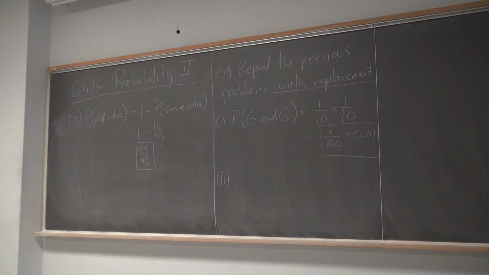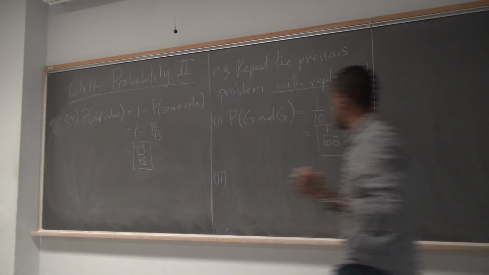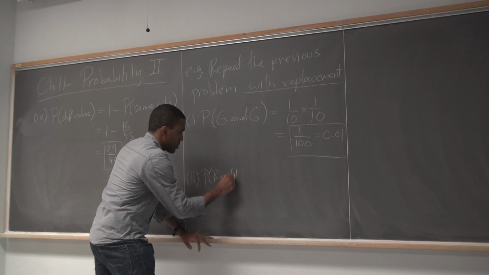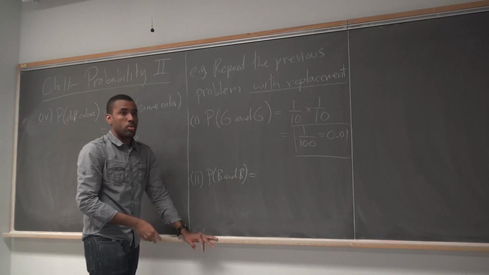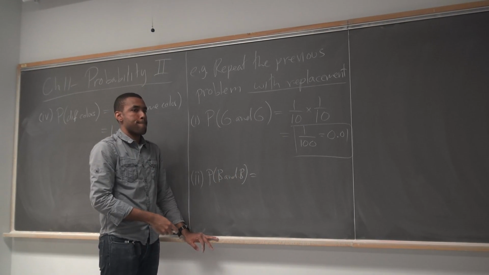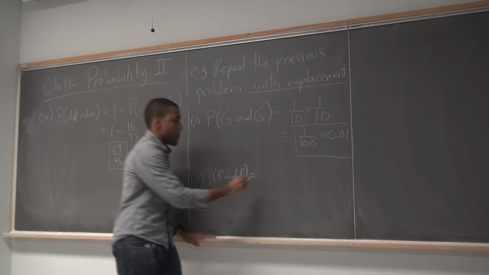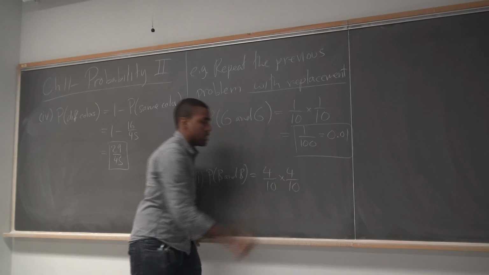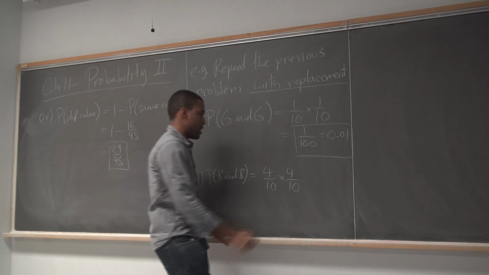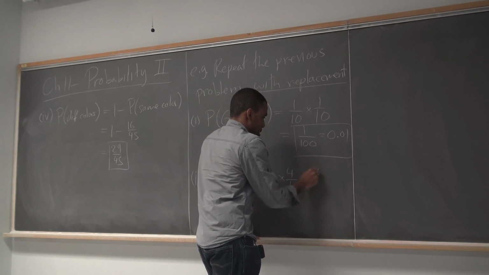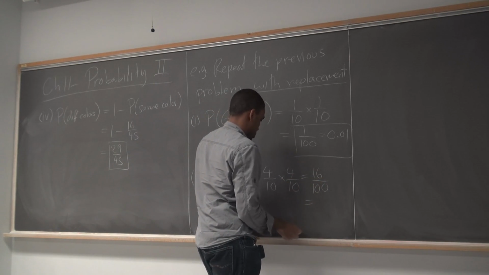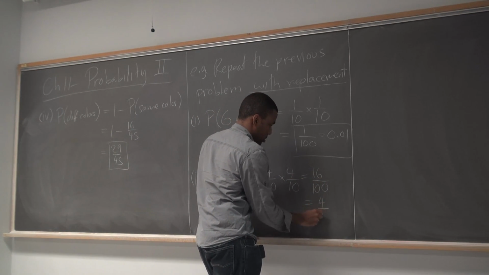The second thing was, both are blue. Okay, what's that? 4 out of 10, and then you put it back, so you have the same option to get it again, 4 out of 10. So this is 16 out of 100. 4 out of 25.